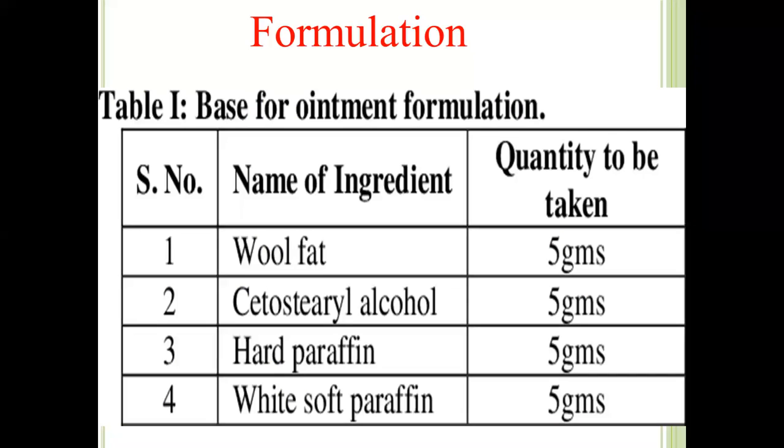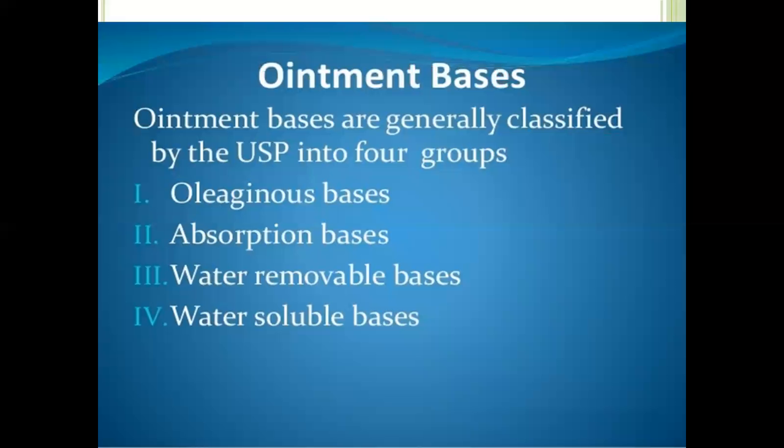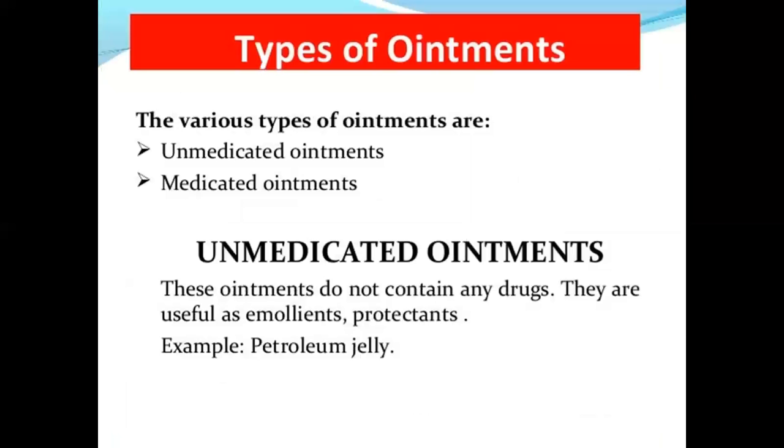Hard paraffin is used as a stiffening agent, that is, it plays an important role in maintaining the viscosity of the ointment. White soft paraffin is used as a base. We also discussed the different bases used in ointment formulation: oleaginous base, absorption base, water removable base, and water soluble base. Their examples we discussed in the previous lecture.